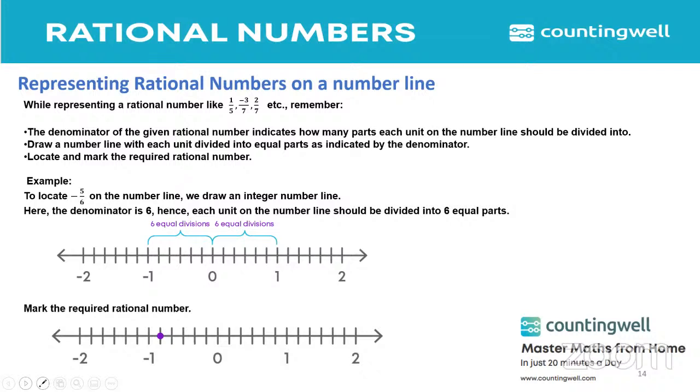So we will take 5 steps to the left side of 0. 1, 2, 3, 4, 5. So here we have minus 5 by 6, which is the required rational number. So 6 is the number of parts the unit is divided into, and 5, which is the numerator, is the number of steps we have to take on the number line.